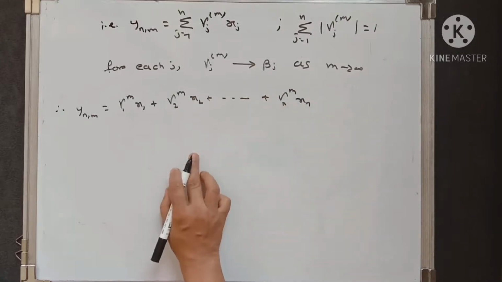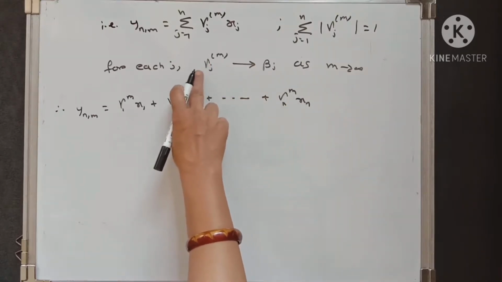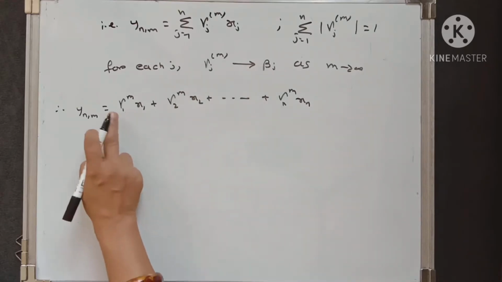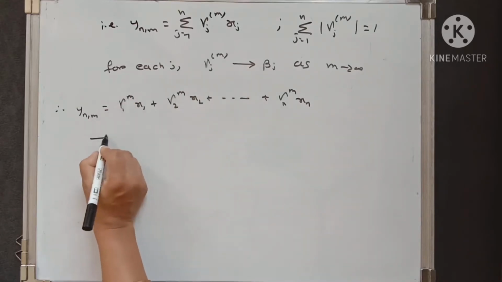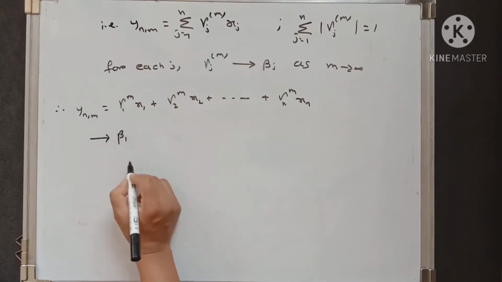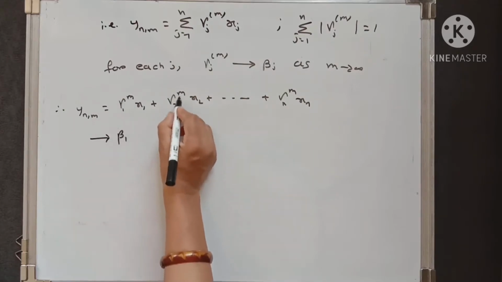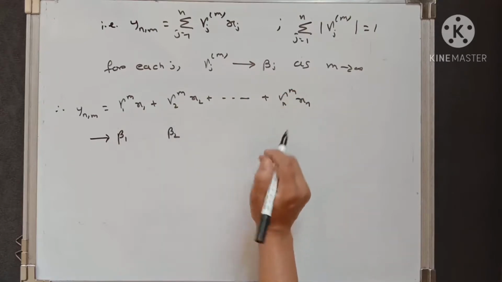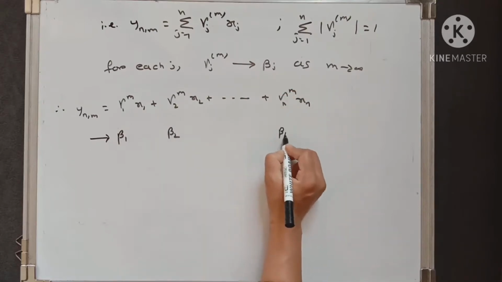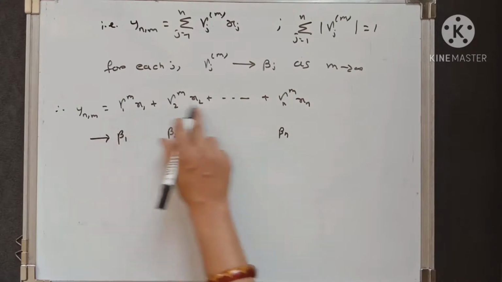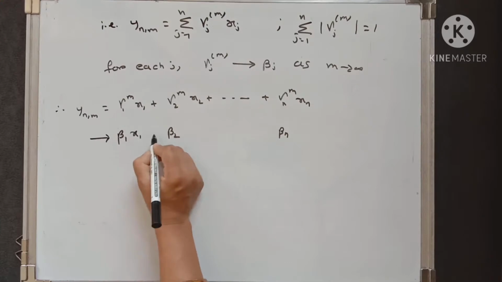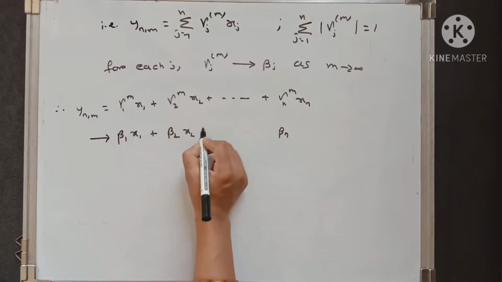Now we observe that for each j, gamma jm converges to beta j, and therefore gamma 1m converges to beta 1, gamma 2m converges to beta 2, up to gamma nm converges to beta n, and therefore this sum converges to beta 1 x1 plus beta 2 x2 up to beta n xn.